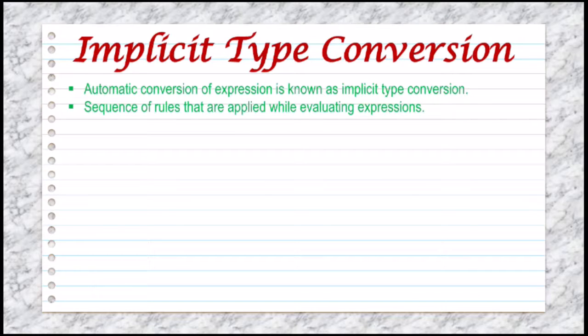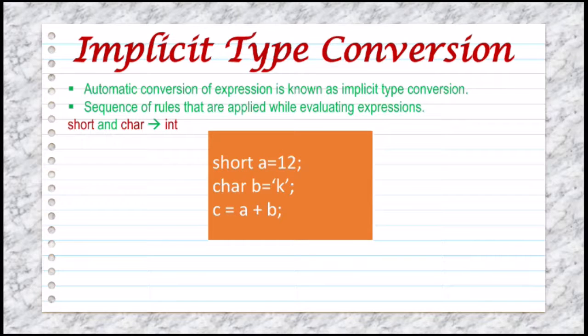Following is the sequence of rules that are applied while evaluating an expression. So all short and char are automatically converted to int. That means if you use short and char data in an expression, these data types will be converted into int in the result.